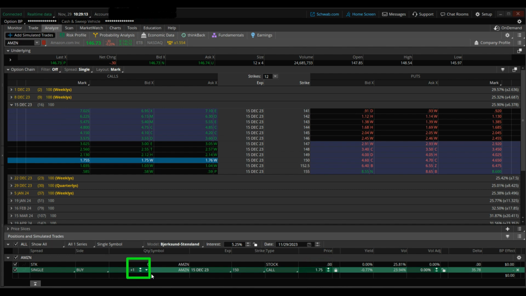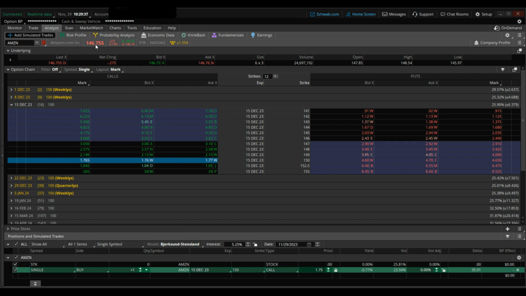I'm going to repeat it one more time real quick. Me, the call option buyer, is paying 175 for the option, or the right, whatever word works for you. So me, the call option buyer, is paying 175 for the option to buy 100 shares of Amazon at the 150 strike price in the coming 16 days.